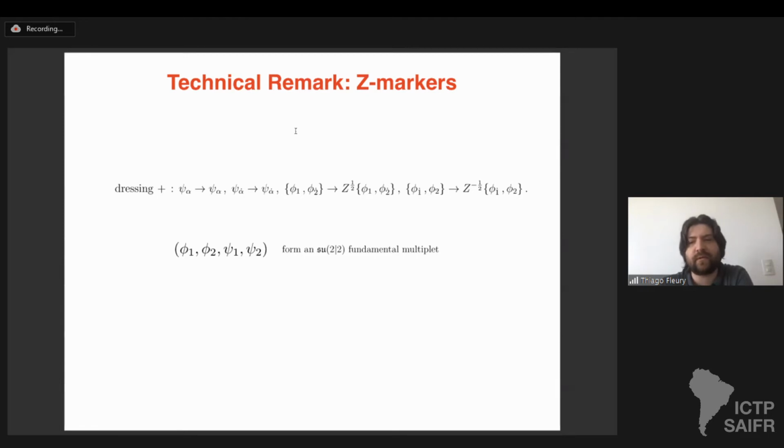When you put them, you get a very nice integrand. So the only message here is that if you put the naive basis, it is not going to work. You have to dress these scalars with some Z markers, and then you can move them and remove them from the hexagons. There is a prescription for how to do this.